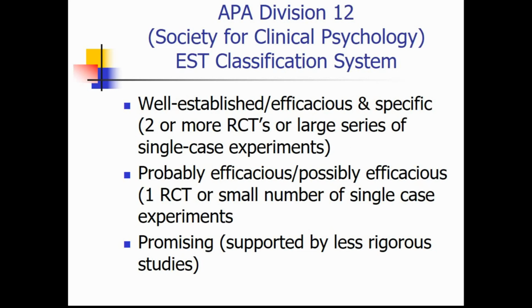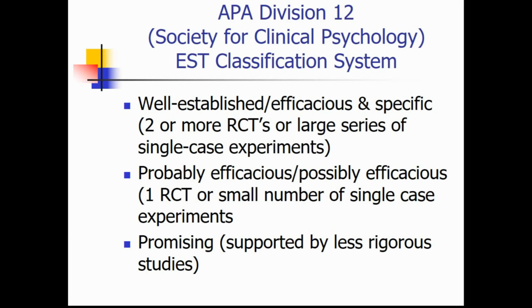APA Division 12, the Society for Clinical Psychology, they have an EST classification system, and they say that an EST is well established or efficacious and specific if there's 2 or more RCTs or a large series of single case experiments that support that EST.